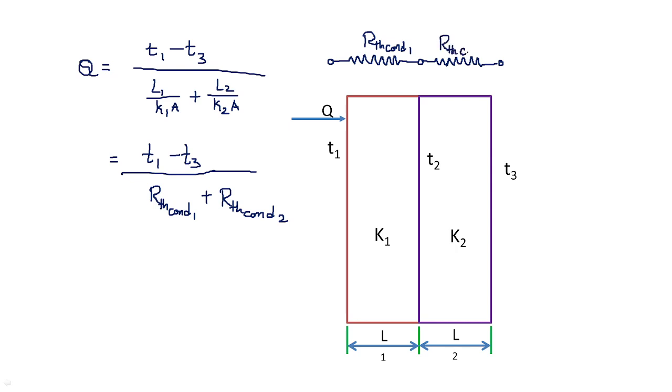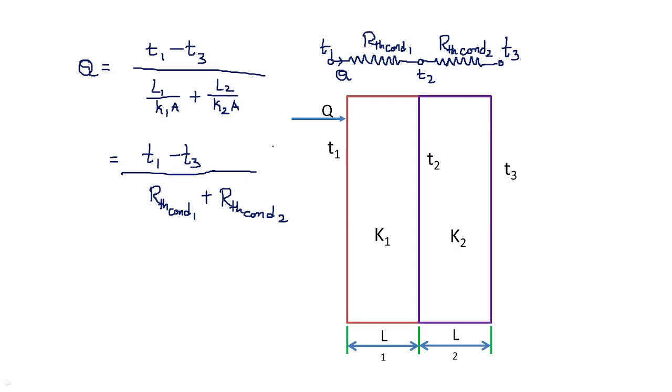This is RTH conduction 2. This side of the wall is at temperature T1, the other side is at temperature T3, and at the junction it is T2. Heat flow takes place in this particular direction. So you can draw this bigger diagram or simply draw the resistances and solve the problem. Clear?